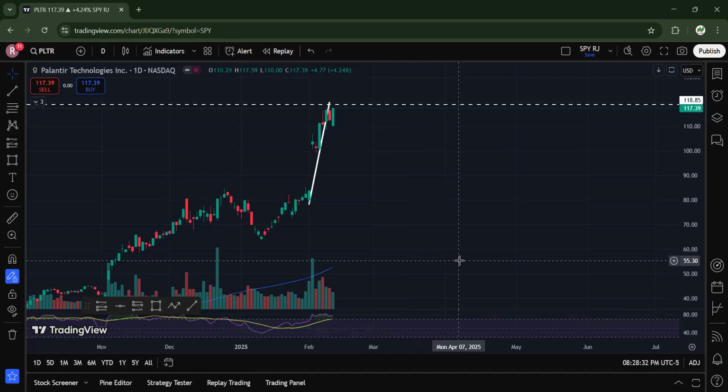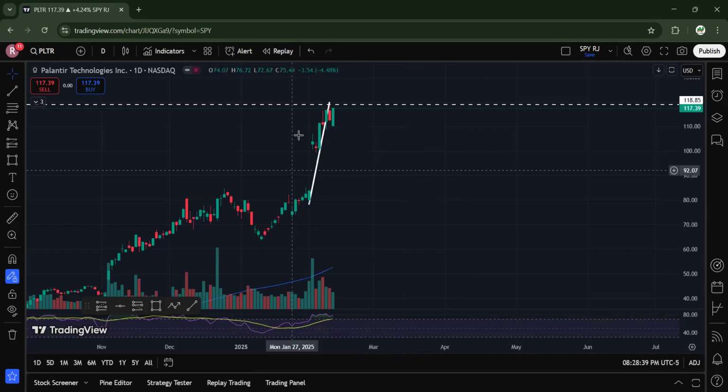Right now, there is no setup. But what setups can occur because we already have a run, we have a significant move. What types of patterns can occur on a pullback here? See if anybody can get it.